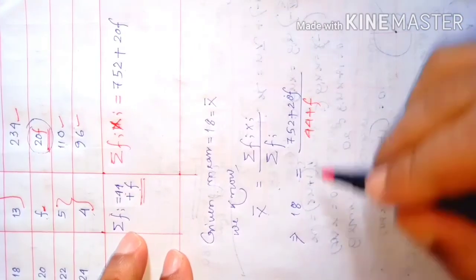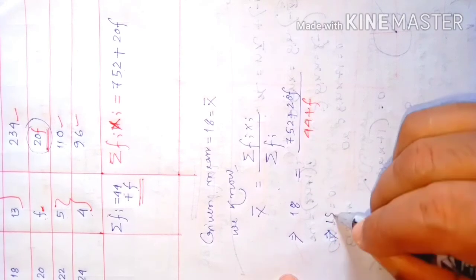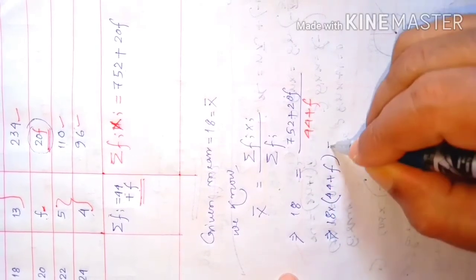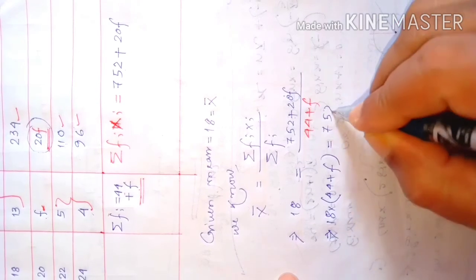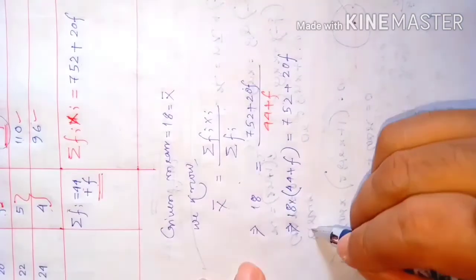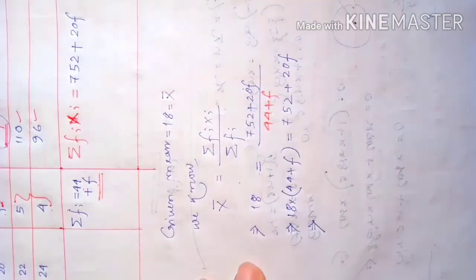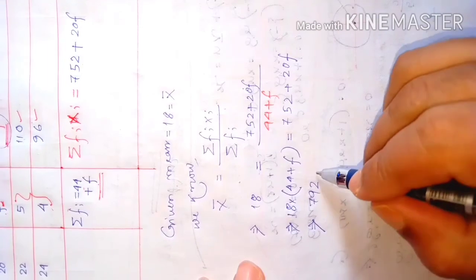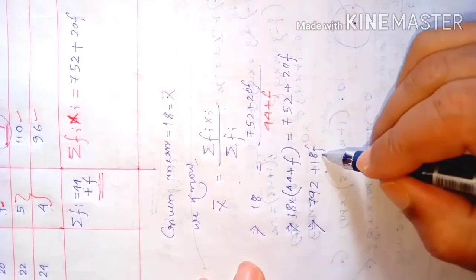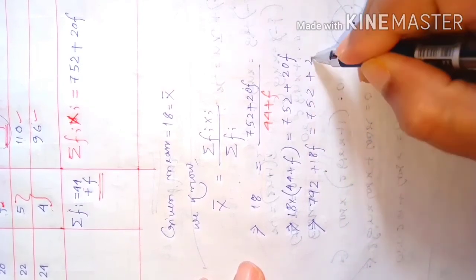Now the work is simple. You cross multiply with 18. So you will get 18 into bracket 44 plus f is equal to 752 plus 20f. If we multiply 18 and 44, what shall we get? 792 plus 18f is equal to 752 plus 20f.